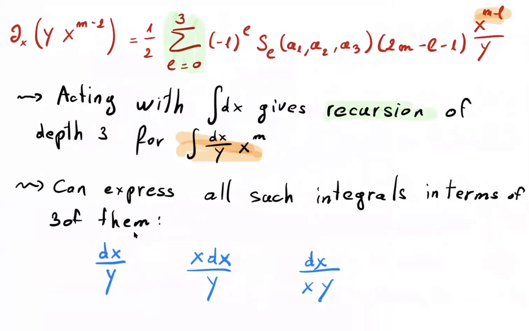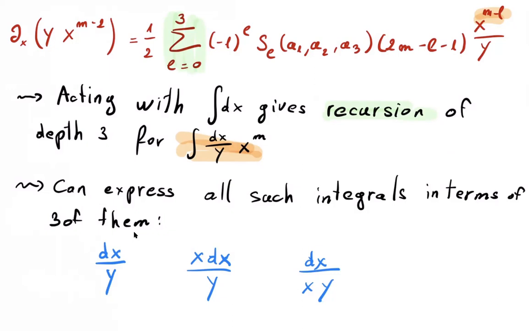Now this recursion has depth 3, by which I mean that I have 4 terms in the sum. So there will always be 3 objects that I cannot fix, because I need to specify 3 objects to calculate the 4th one for my recursion. So there will be 3 left. We cannot eliminate everything. There will be 3 left.